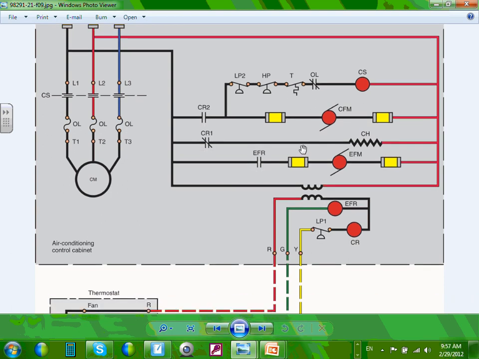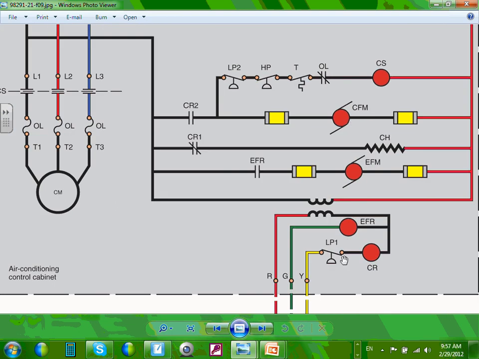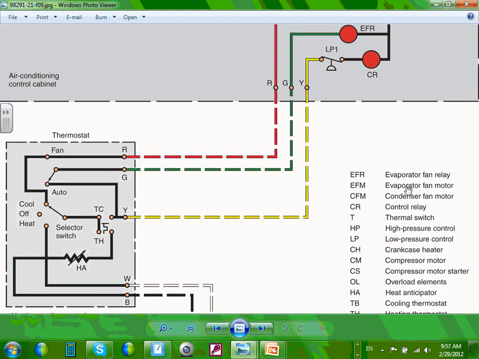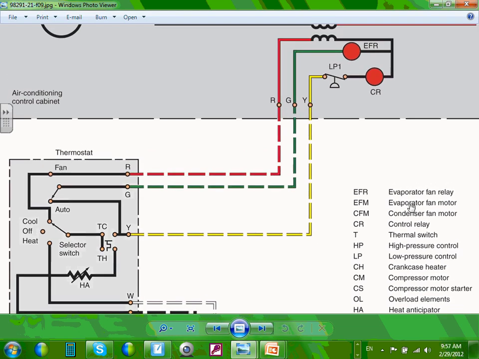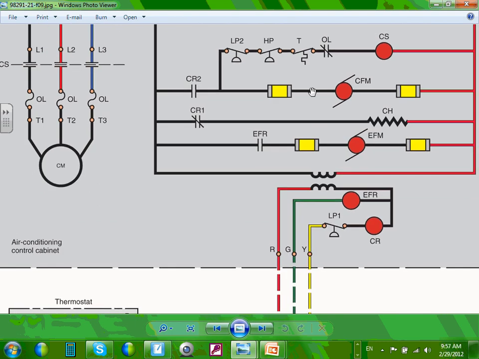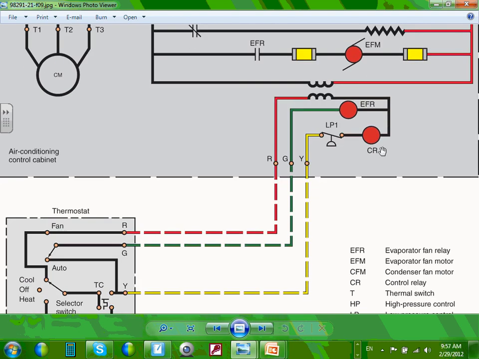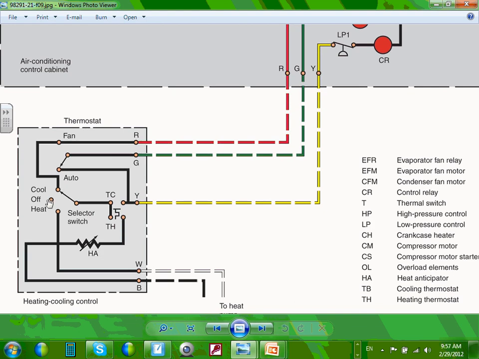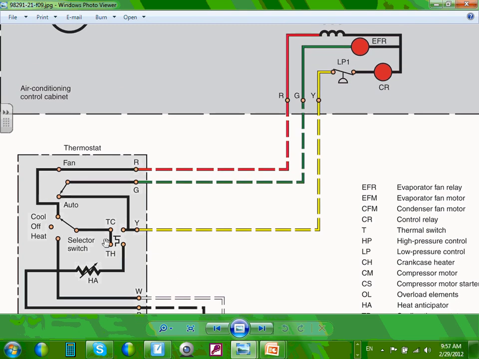Yeah. And then, can you guys see the CFM? CFM stands for the evaporator fan. That's the fan that's going to be blowing air on the coils. Here's the way it works: can you see when the control relay here is energized? Here's my thermostat. You put yourself in cool, and you put it in auto. Then the thermostat will call for cool.